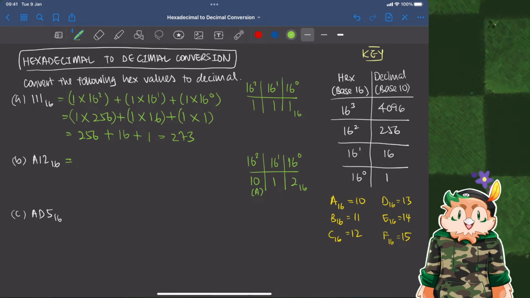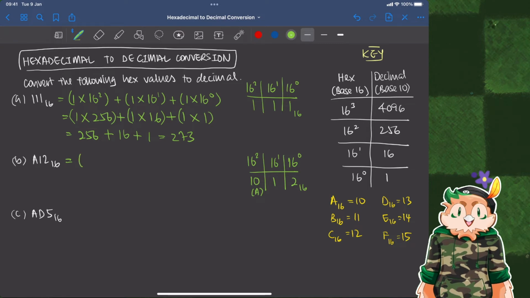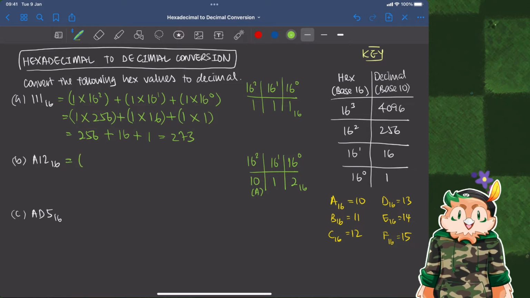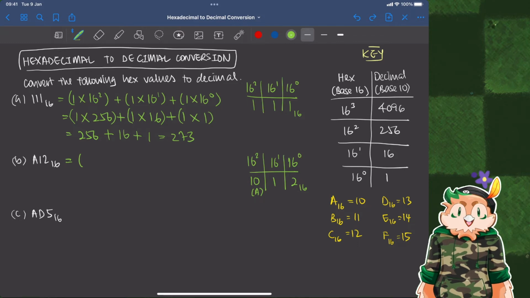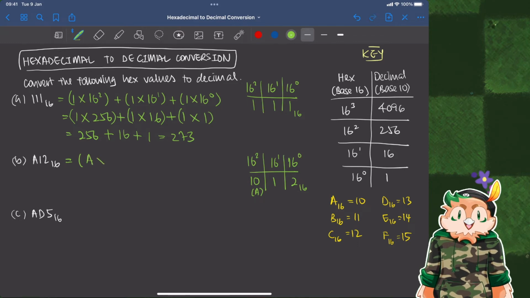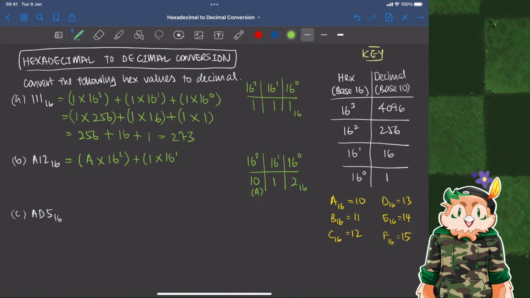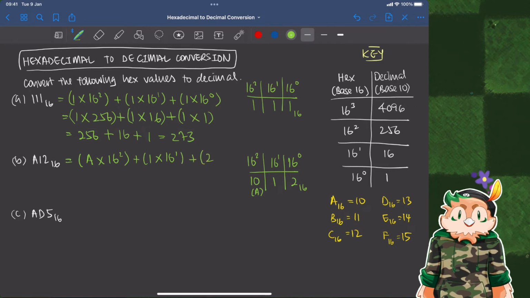If you want to write down the hexadecimal letter in the first place, without needing to do something a little bit like this, it's also fine. How it will end up looking is something like this: A multiplied by 16 power 2 plus 1 multiplied by 16 power 1 plus 2 multiplied by 16 power 0.